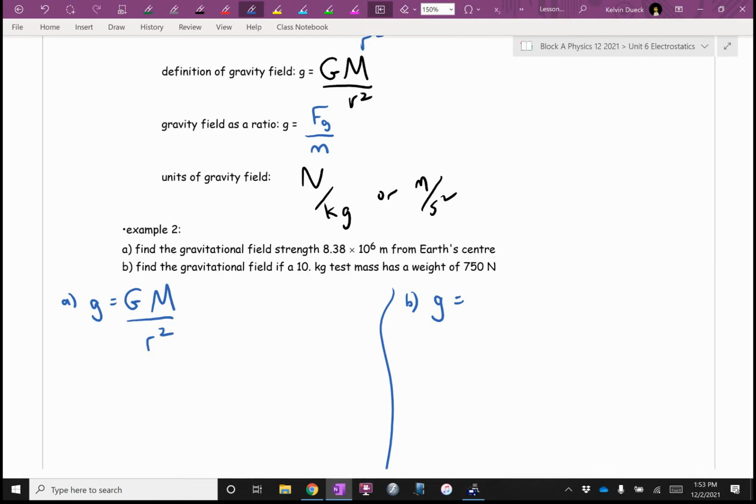The planet that's causing the gravitational field, and in this case they told me Earth. If they hadn't told me Earth, they'd have to give me the mass, big M, of the planet. Anyways, it's going to be big G, 5.98 times 10 to the 24th, all over this 8.38 times 10 to the 6 meters. It's from the Earth's center, so it is a radius.